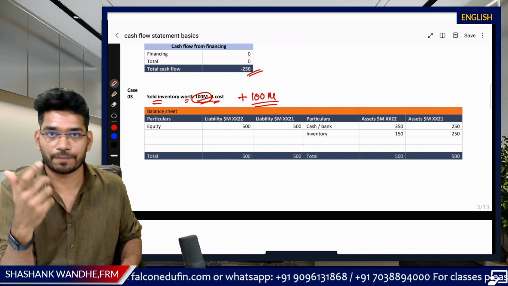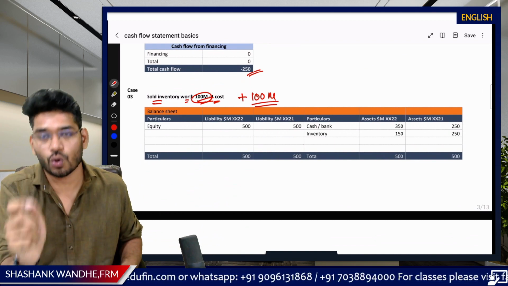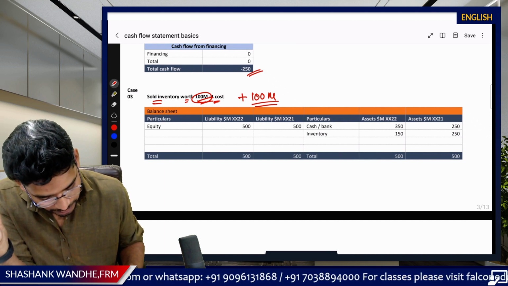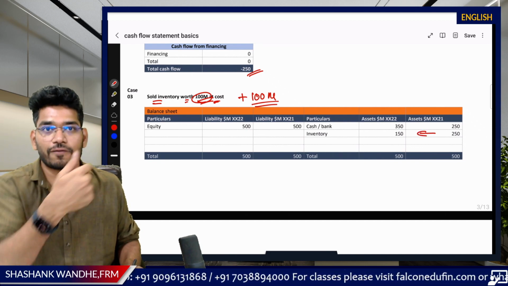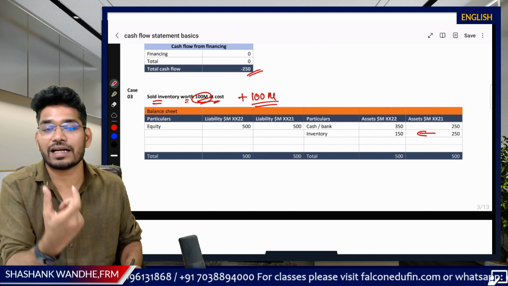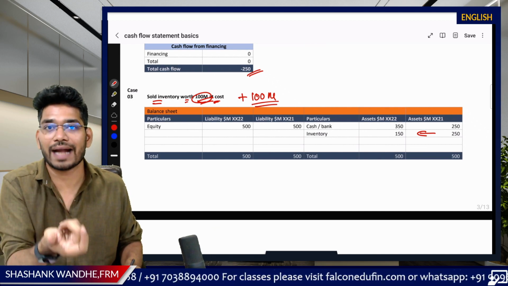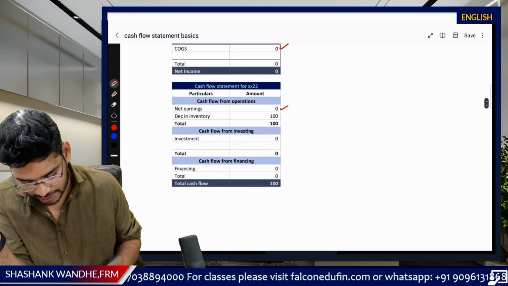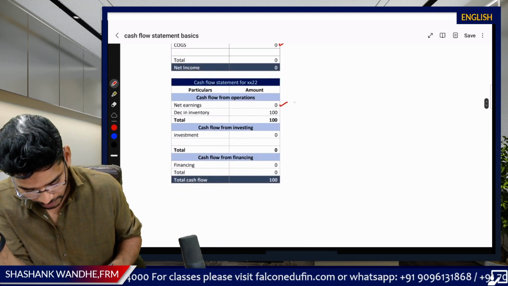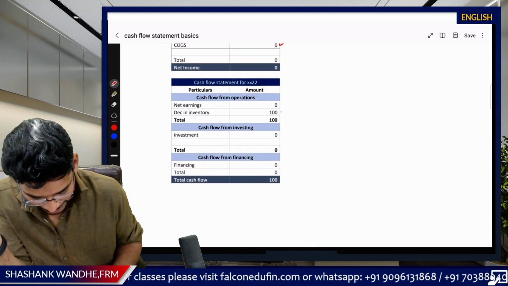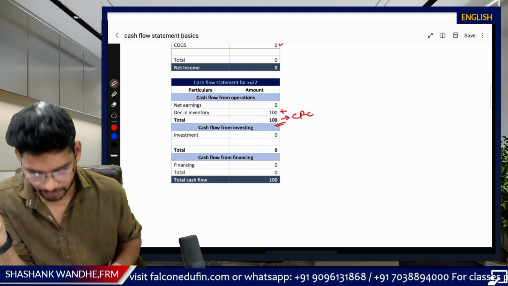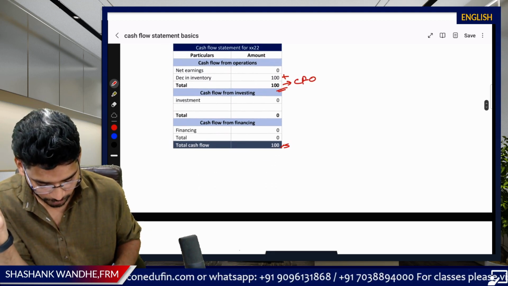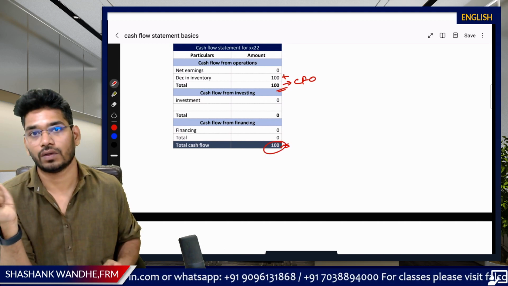Decrease in asset is the source of fund. Here, in inventory part, this is a decrease in asset from 250 to 150, a 100 million decrease. So this should be added in the net income. These are zero net income, and we will add our decrease in inventory, and this is our CFO. And finally the cash inflow is this 100 million.